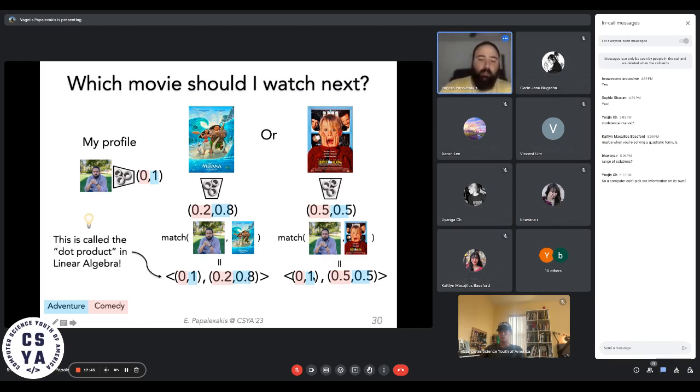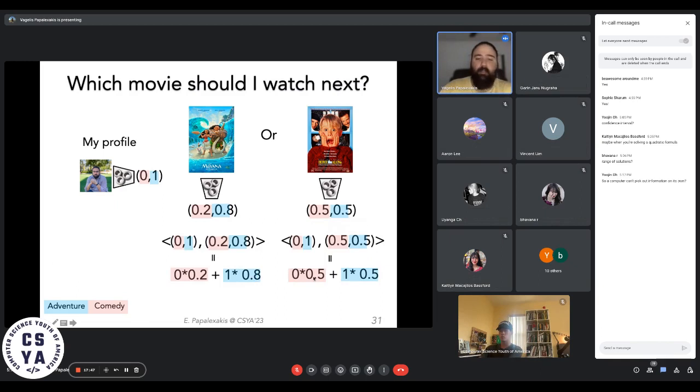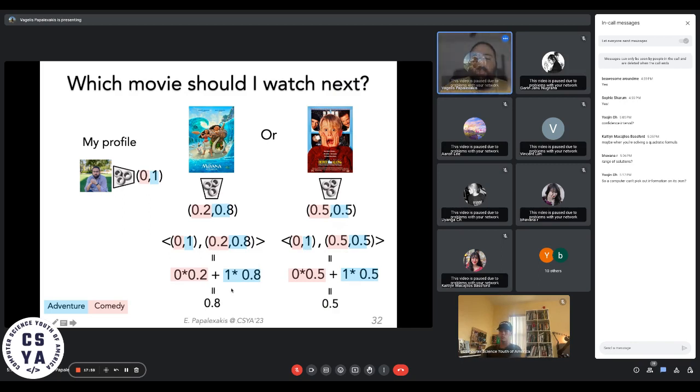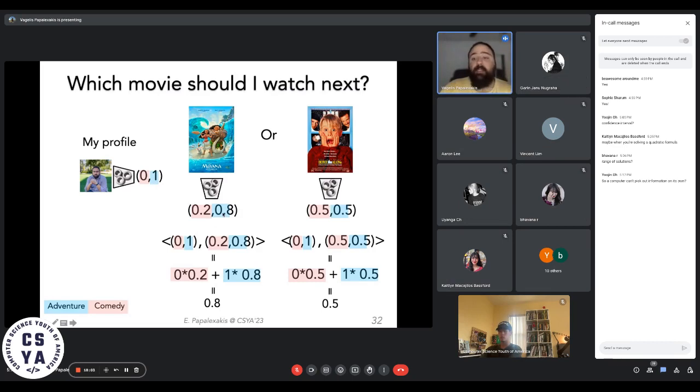This is called the dot product or inner product. Similarly here, 0 times 0.5 and 1 times 0.5. If you do the math, Moana gets a 0.8 because the adventure wins.